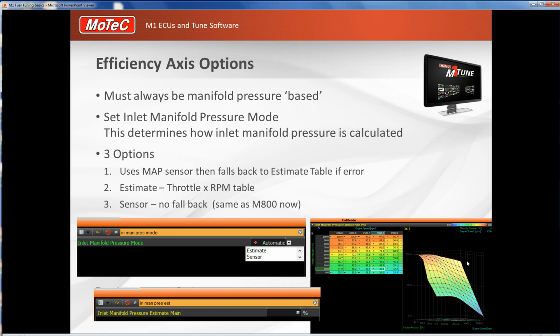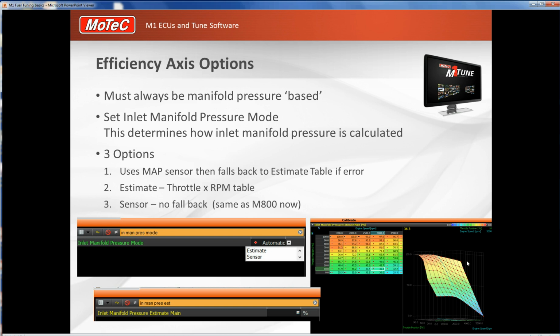It then looks at the air-fuel ratio or fuel mixture aim table, and then looks at what fuel is entered, what type of fuel it is, what the stoichiometric ratio is, and then calculates a volume amount of fuel to be delivered. Then it looks at the linearization tables and says, I want, let's say, 60 microlitres of fuel at this particular pulse width, and then opens the injectors for the correct amount of time to deliver that.